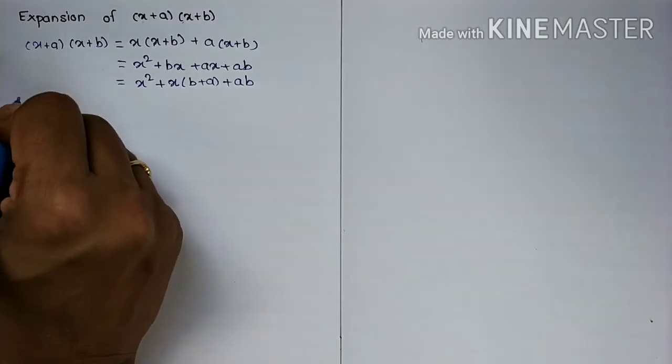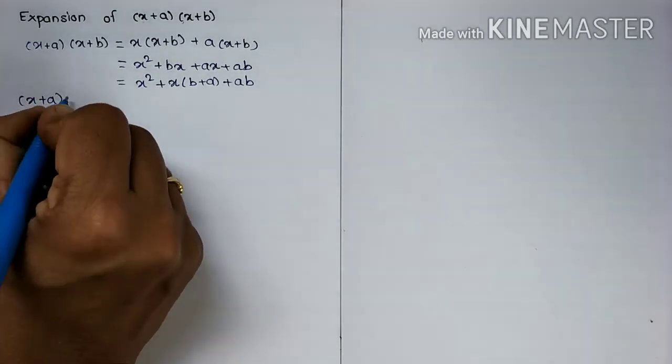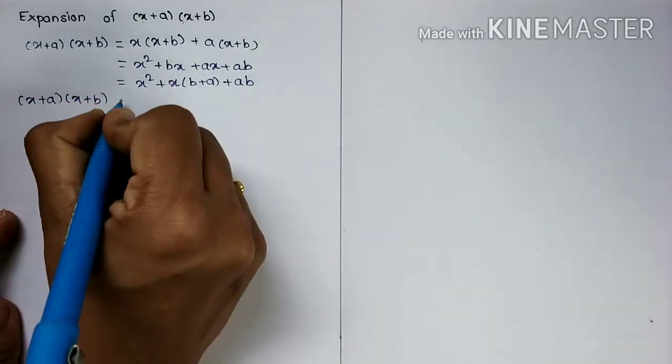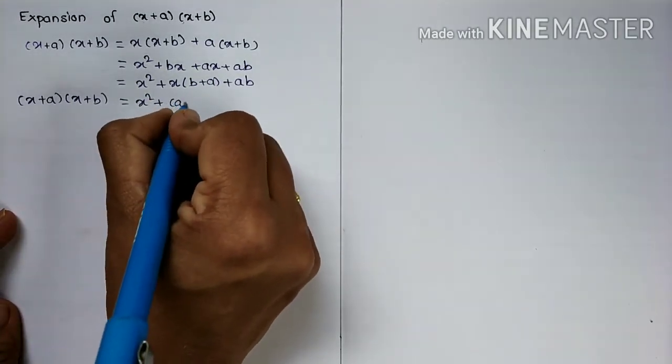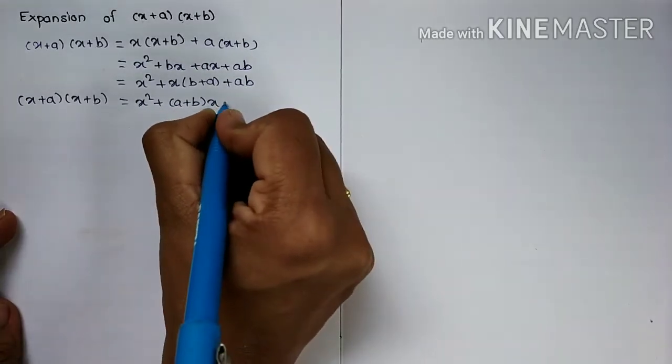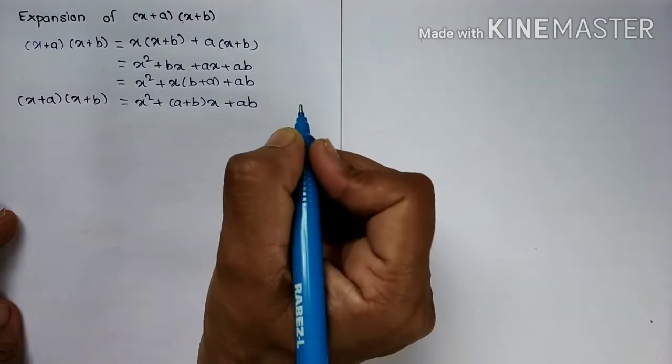That is (x + a)(x + b) equal to x square plus, this is written as (a + b) into x, plus ab.